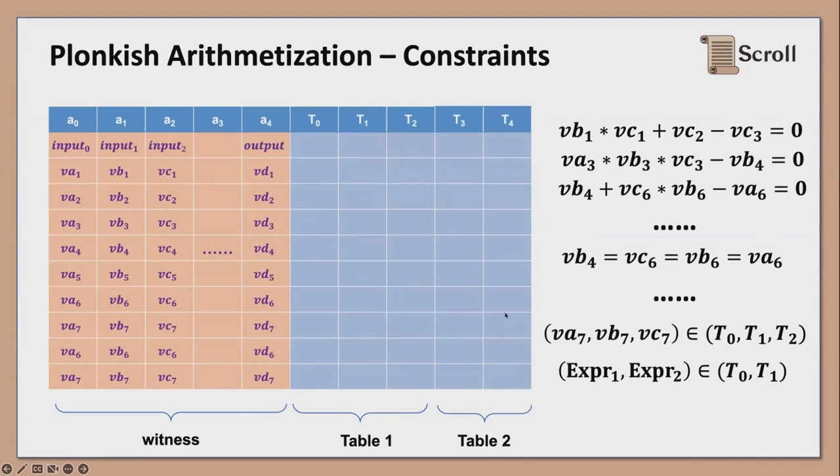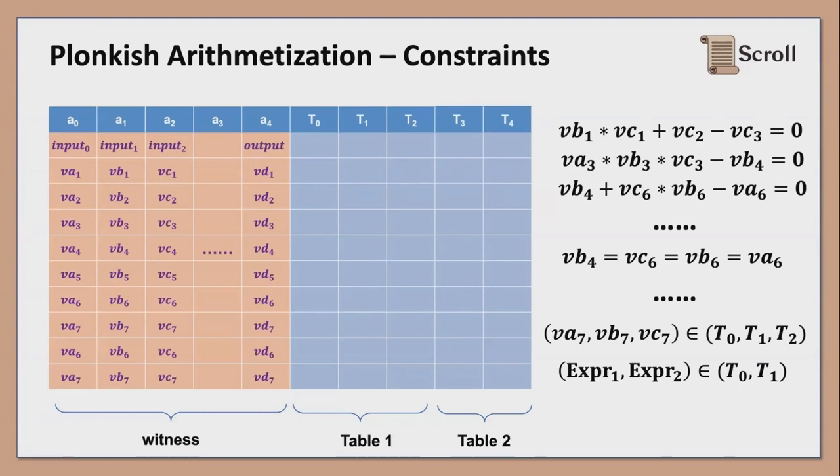And in table 2, you can prepare some other logic, like a range or storage table. Different table columns are used for different functionalities. When you're proving range versus XOR, you definitely need different tables, so that's why I mentioned different columns.